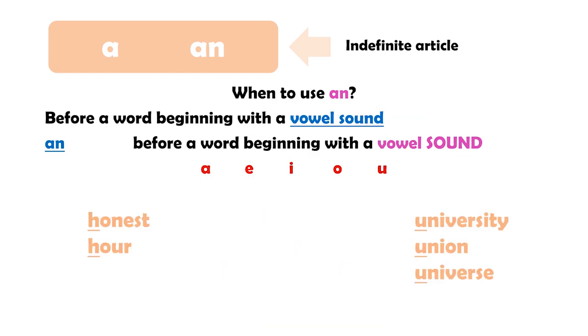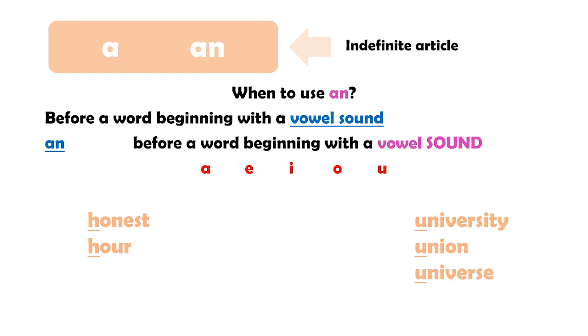Now, we just learned that we use the indefinite article an before words that begin with a vowel sound. However, look at these words. Honest, hour. These words have started with the letter H. So why are we worrying about them?